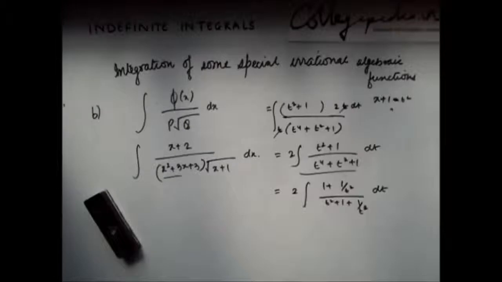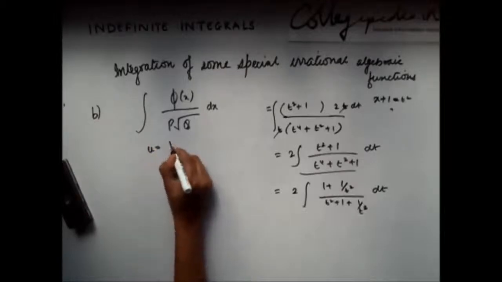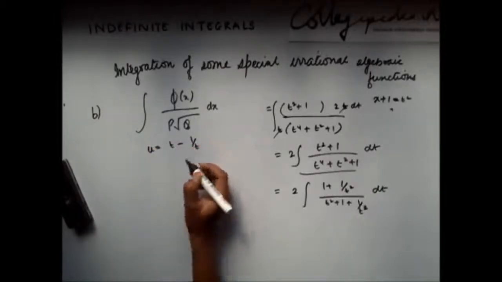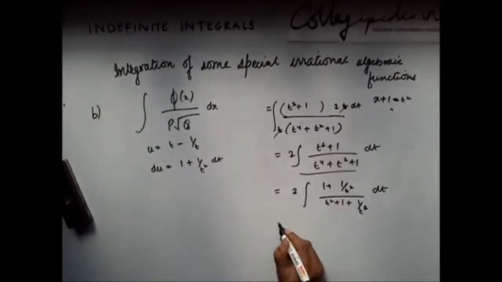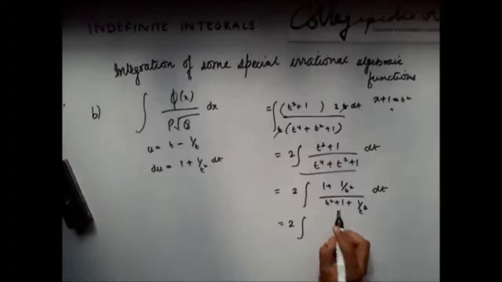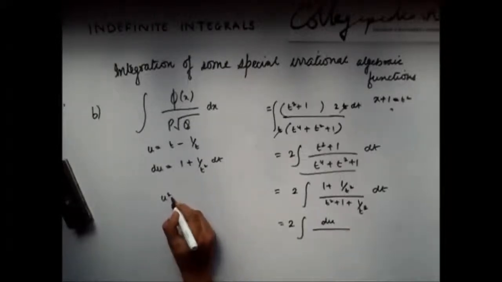Okay. Now let's take u as t minus 1 by t. So my du becomes 1 plus 1 by t square dt. So this becomes du, and this becomes t square plus 1 by t square plus 1.